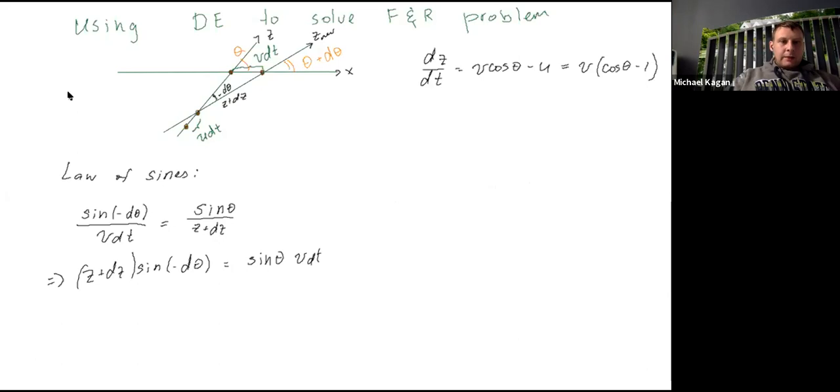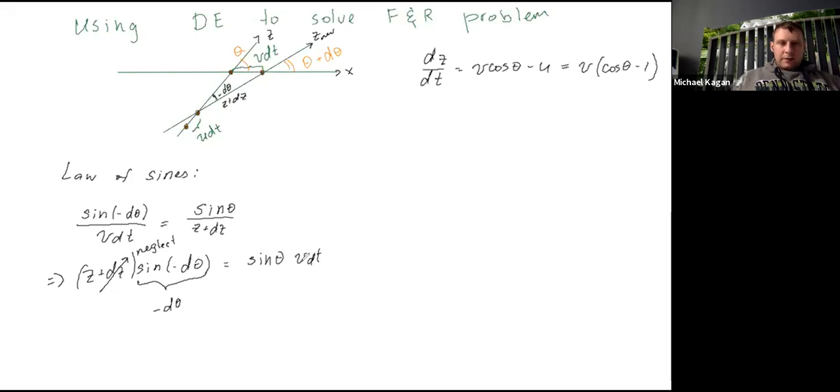Exactly, Leon. That's the whole point. So we know the angle is small, so we can replace it with just minus d theta as long as we keep theta in radians. And then we can actually neglect this contribution because it gives us a second order term, and it's not going to matter when we do the differentials. Is that idea clear? Happens in physics all the time.